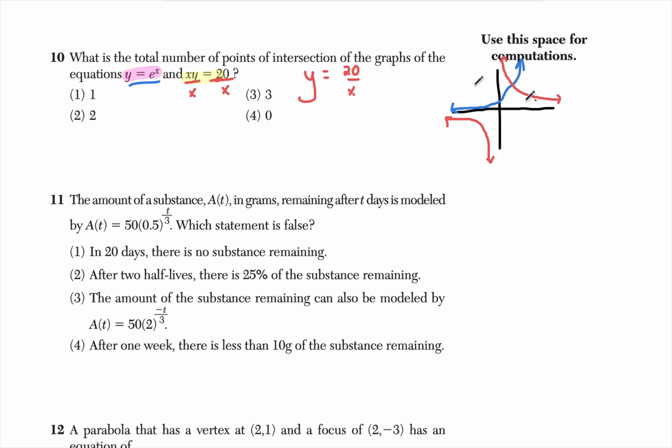Basically it has all values except for x equals 0. I know my e to the x function can never go below 0, so it's never going to touch this line, because this one can never go above 0. So I really only know there's one spot for them to touch. And you can almost see that too from the graphing calculator. So answer choice number 1.